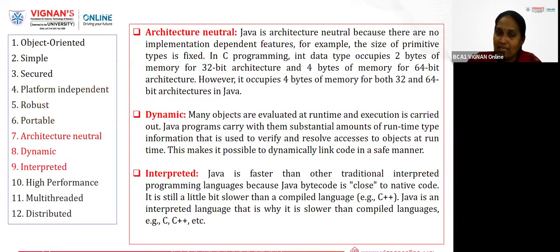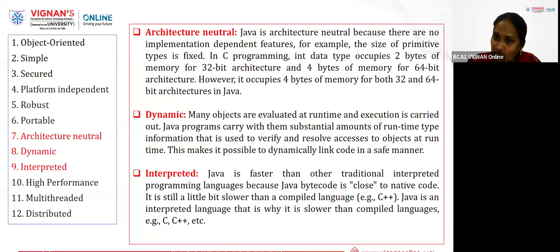And coming to the next one, architecture neutral. Sometimes that is data types. Suppose, for example, in case of C, if I take the int data type, it occupies 2 bytes of memory for 32-bit, and it takes 4 bytes of memory for 64-bit architecture. But whatever the architecture of your system, whatever the memory organization of your system, in case of Java, the int takes 4 bytes only.